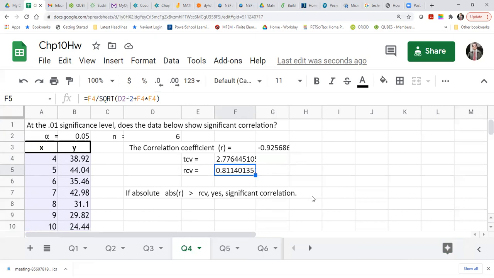And you can see here the absolute value of R is greater than RCV, so the conclusion will be yes. Oh, I think we need to change this one. Don't forget to change this one. This one will be from B4 to B18.